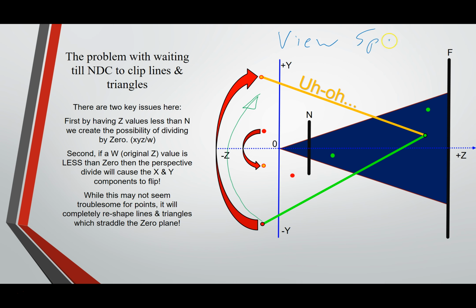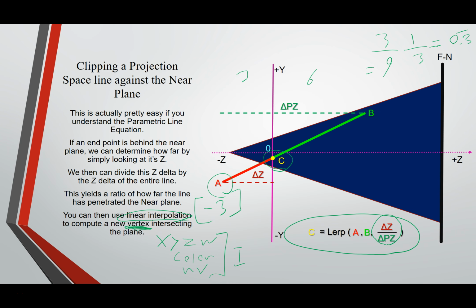U space. Yep. So this diagram of U space, this one right here, you can see 0 is where our near plane is. So this is definitely not U space. You might think, oh, is this NDC? Well, remember, I said that if we clipped in NDC, it would be too late.